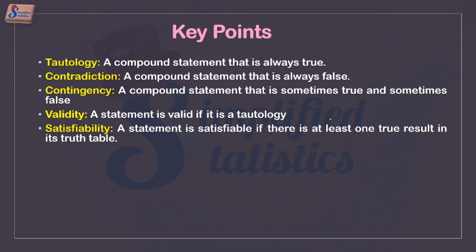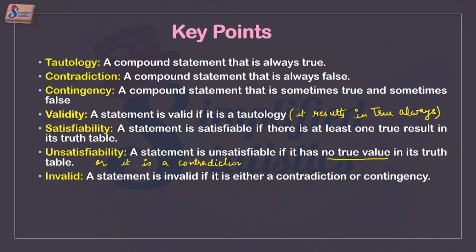Next is validity and satisfiability. A statement is valid when it is a tautology, and a statement will be satisfiable if for at least one combination the result will be true. When a statement is a contradiction, then it will be unsatisfiable. And a statement will be invalid if it is either a contradiction or a contingency.